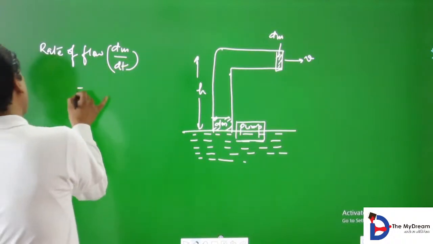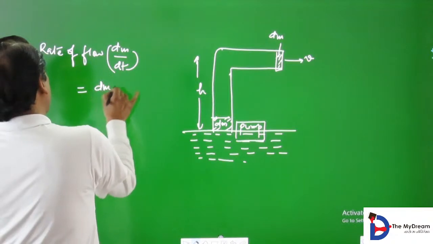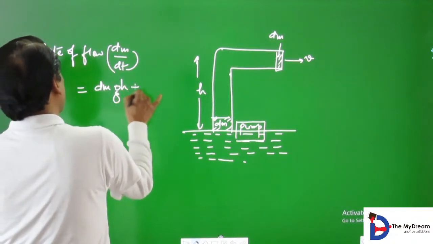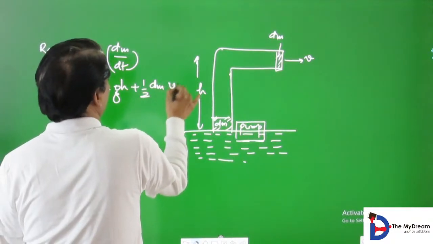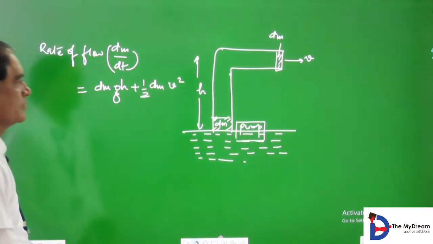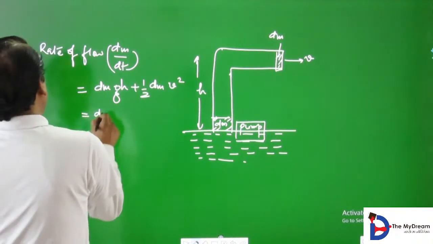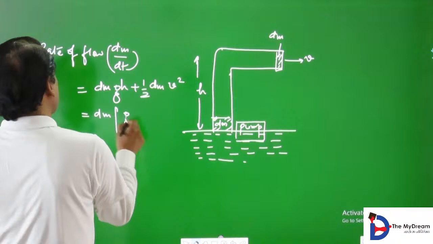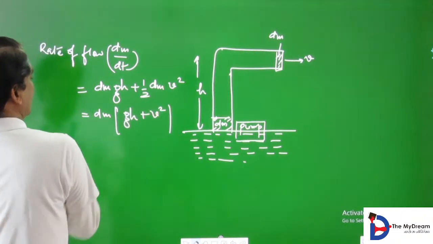If we are talking about the energy, it is delta m into gh plus half delta m v square. Delta m, that is gh.